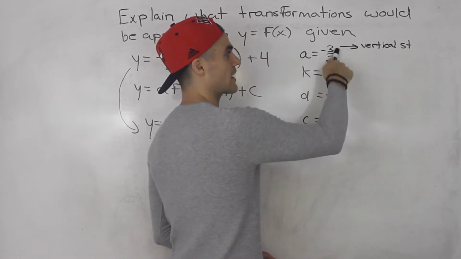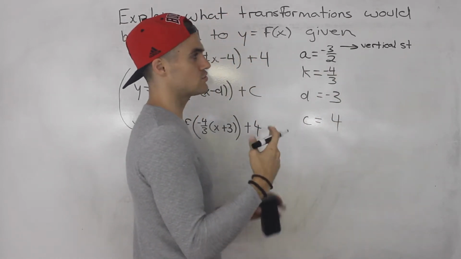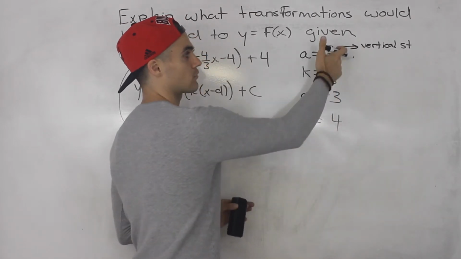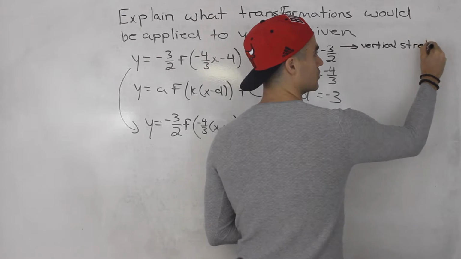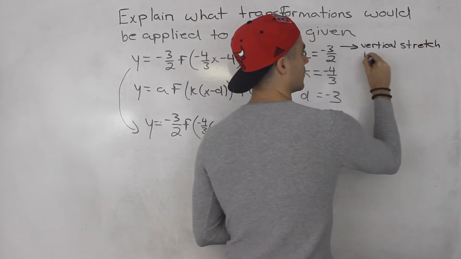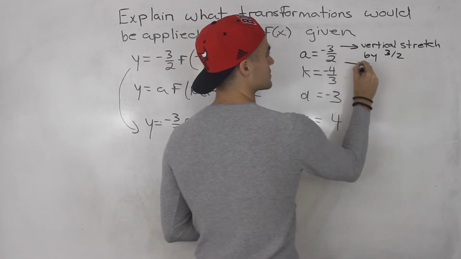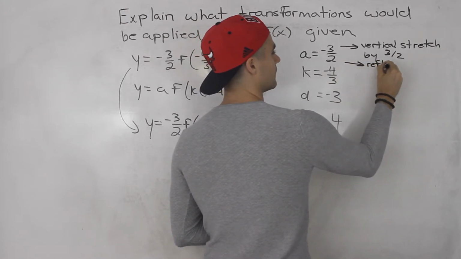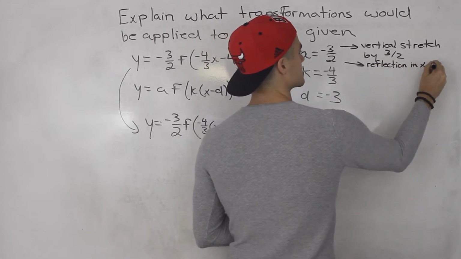So just because it's a fraction, usually if there's a fraction, we say it's a vertical compression, but usually the fraction is between 0 and 1. In this case, it's greater than 1. 3 over 2 is 1.5, so we have to say it's a vertical stretch by factor 3 over 2. And because the a value is negative, that also means that there's a reflection in the x-axis.